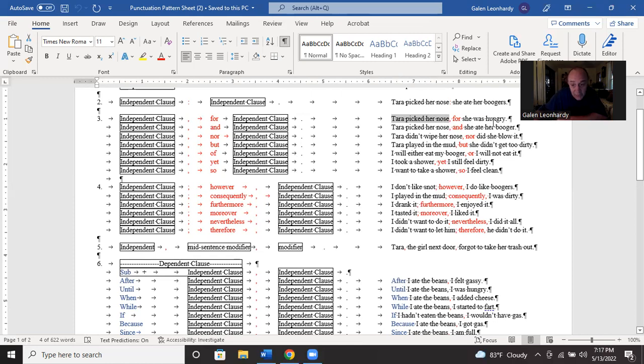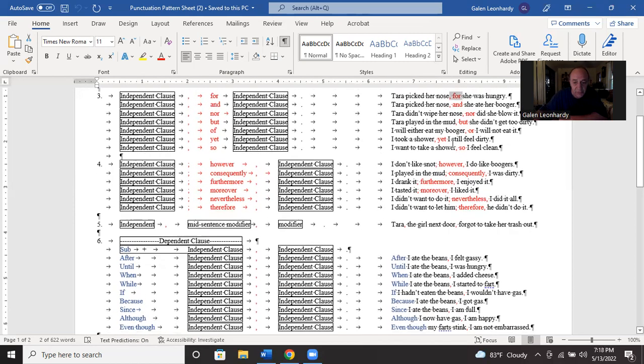We understand what's going on, but we can see that within what we understand there's this structural unit, and the structural unit is independent clause, hinge structure is comma coordinating conjunction, just like it is over here, right? These patterns are patterns that you can use.